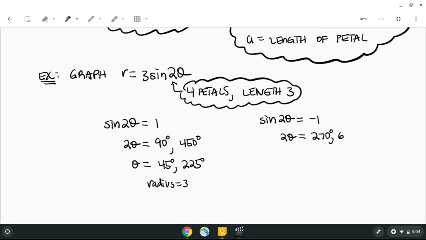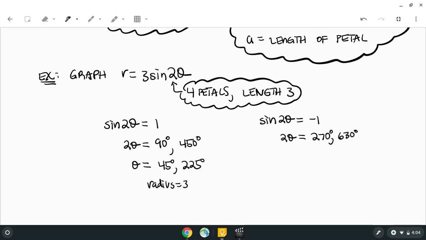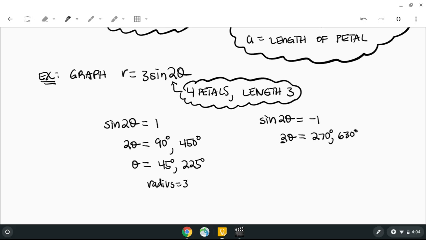If it said 3 theta, then I'd add 360 to that one. If it said 4 theta, then you want however many answers there are for this. If it's 2, you should have 2. If it's 3, then you should have 3. If it's 4, then you should have 4.